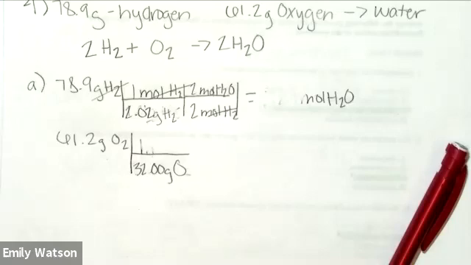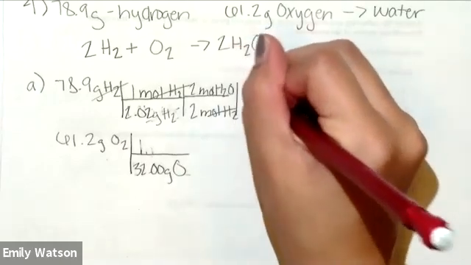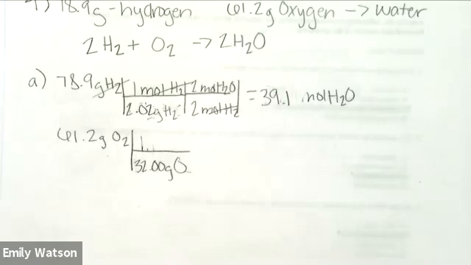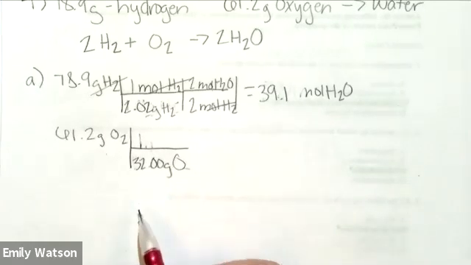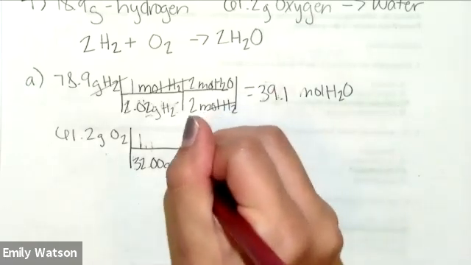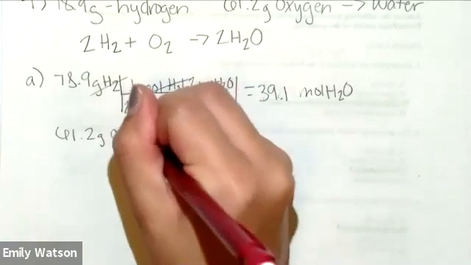So 78.9 times 2 divided by 4.04. Does 39.1 sound better to you guys? So here we have 32.00 grams of O2 goes to 1 mole of O2.